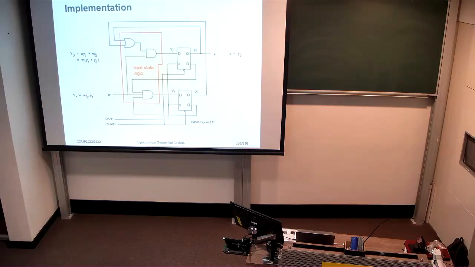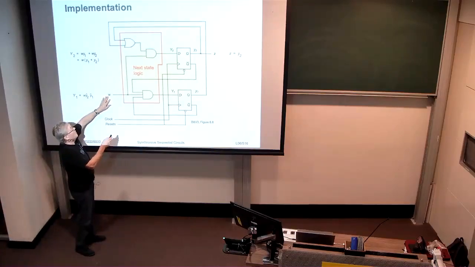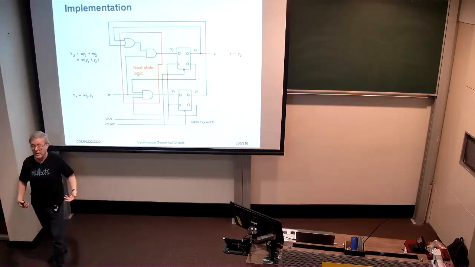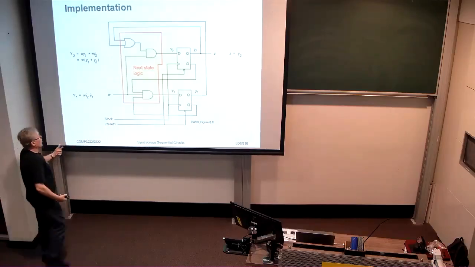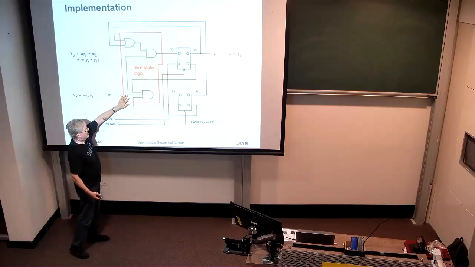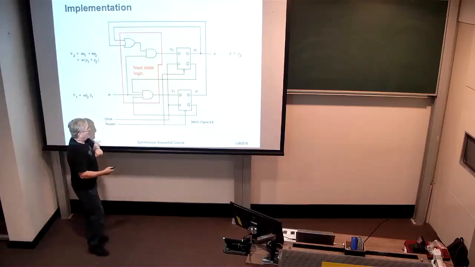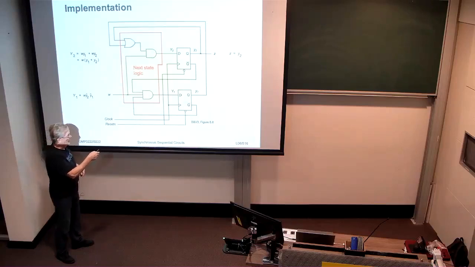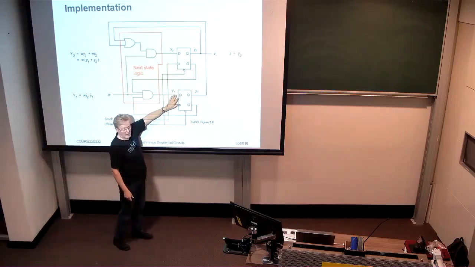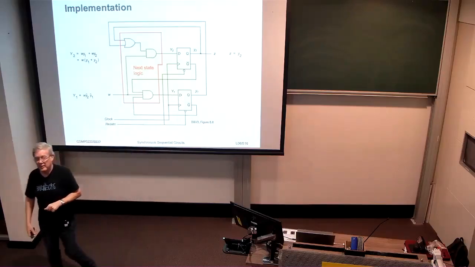Well, assuming we're reset, with W is 0, both of these AND gates are not going to have any impact, and so the circuit's going to stay in the state 0, 0, right? But if we do get a 1, then this AND gate is going to have an active output because the not Y2 and the not Y1 are both going to be 1, so there's going to be 3 1 inputs to this AND gate, and therefore capital Y1 is going to be 1, right?